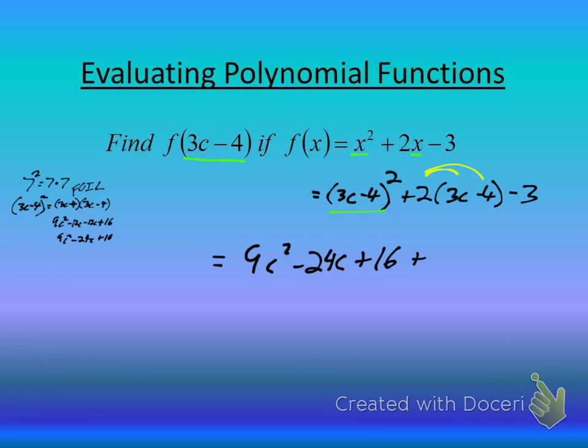So plus 6c minus 8 minus 3. Now you go through and do what? Like terms. So 9c squared, 24c, and 6c gives you negative 18c, right? 16, negative 8, negative 3.